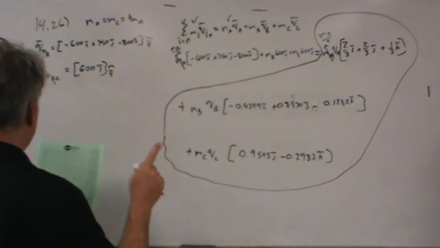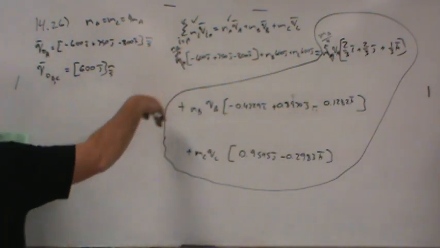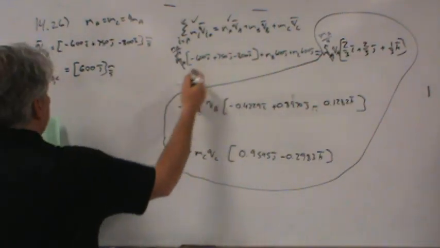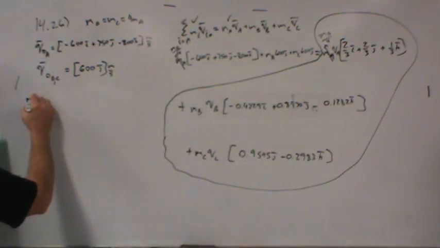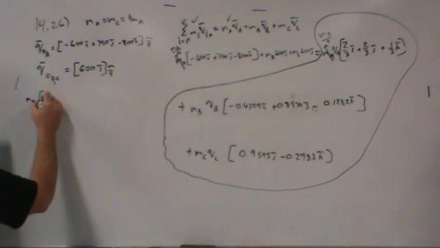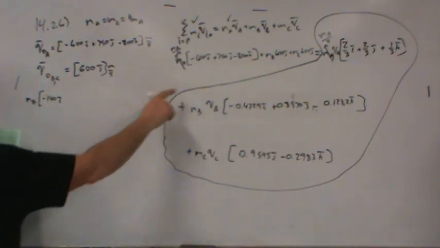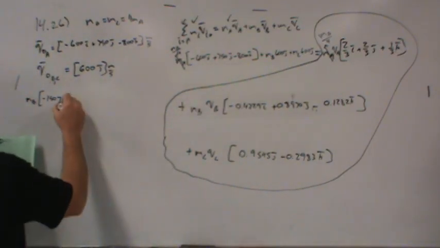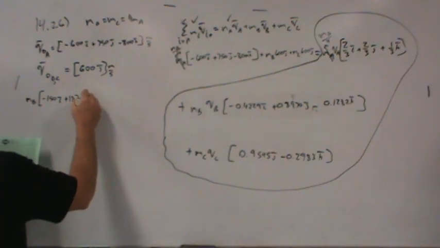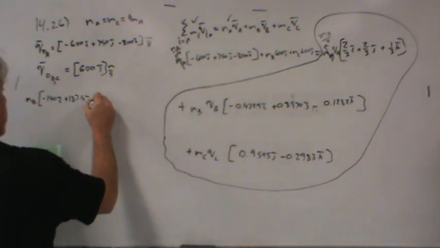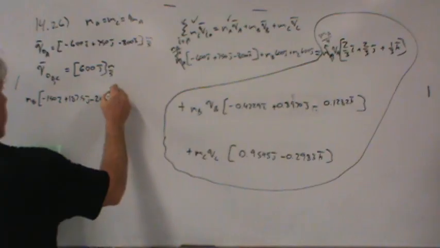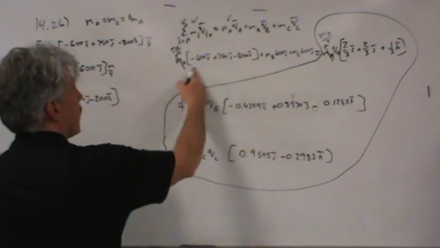Let me write it out a little more cleanly, then I'll erase this, because this is a bit of a mess. If I divide through by 4, I'd have mass of B times negative 150I, divided by 4, divide by 4 again, plus 187.5J, divide by 4 again, minus 200K. All right, so that's this first term.